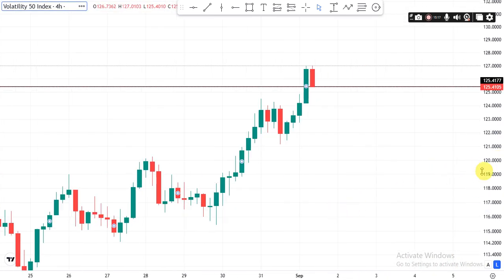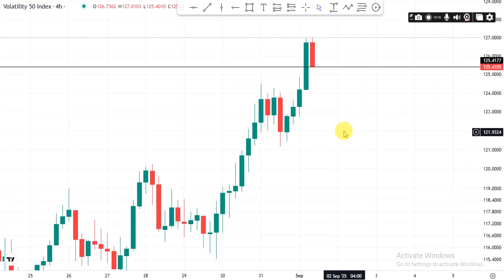Today is September 1st, 2025. Now look at this. This was the 31st, around 4 o'clock Nigerian time. This is the 31st, 8 p.m. Nigerian time, and another day, which is the 1st of September.